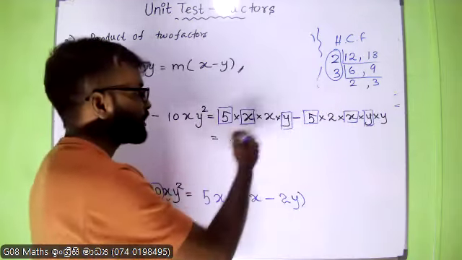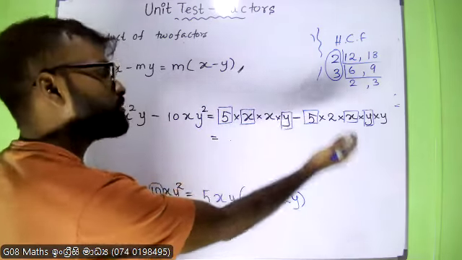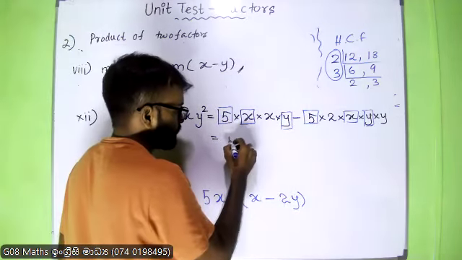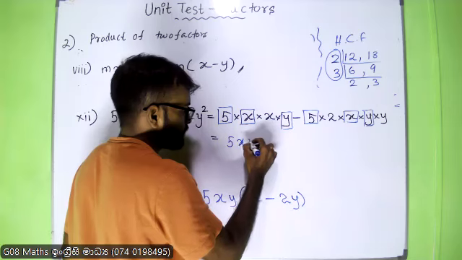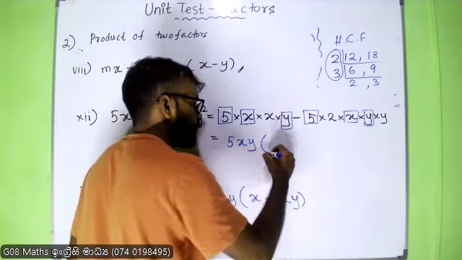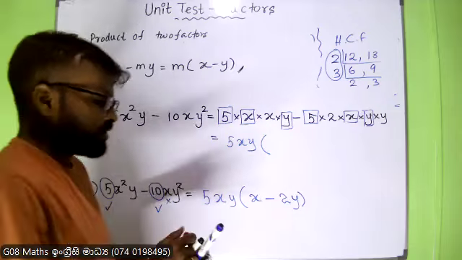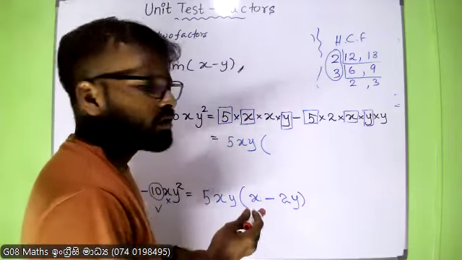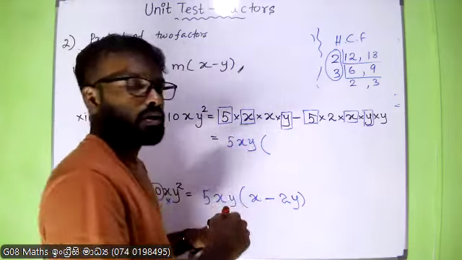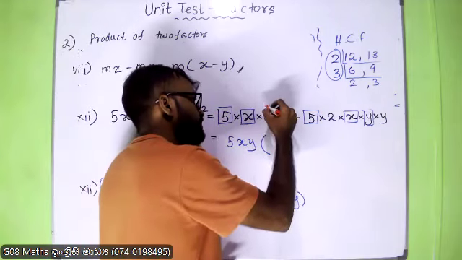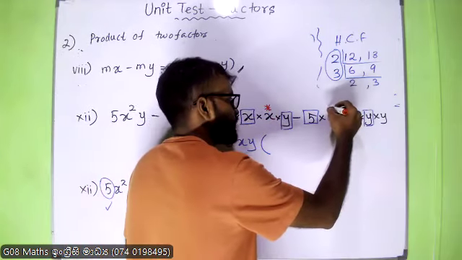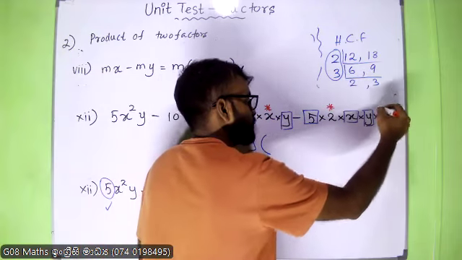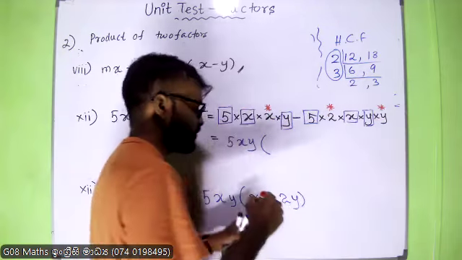So I am going to take these common terms out. 5xy as the common term. Brackets. So what are the remaining terms then? If I take 5xy out, x is the remaining term from this, 2 is the remaining term, and y is also a remaining term for this one.